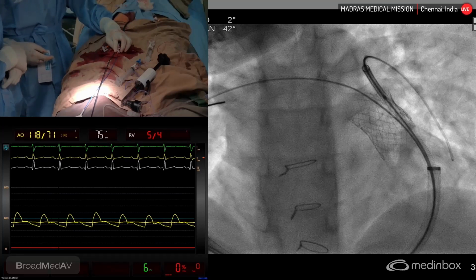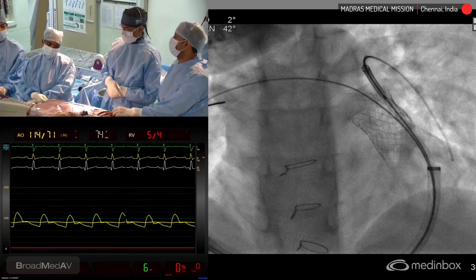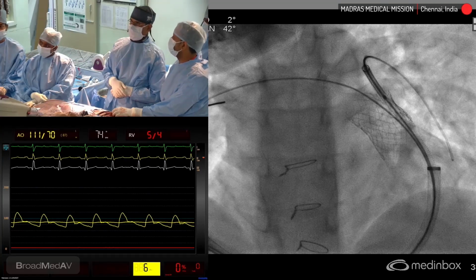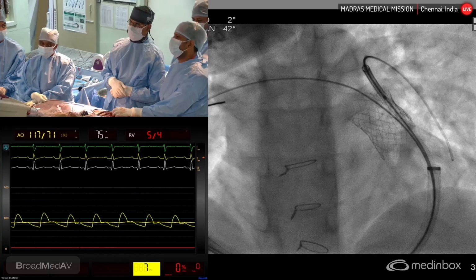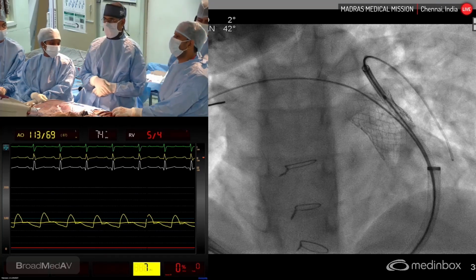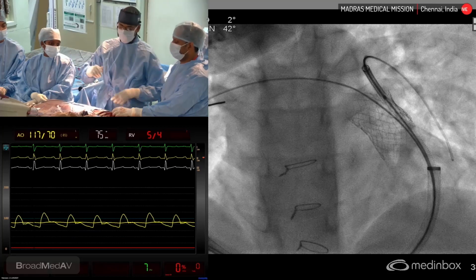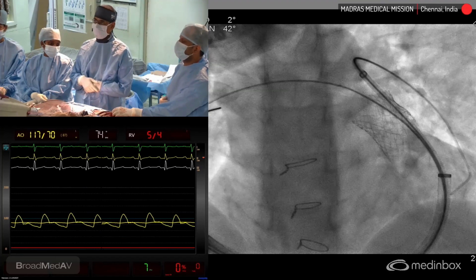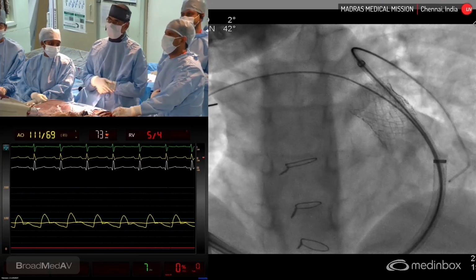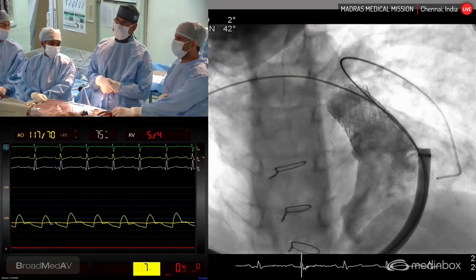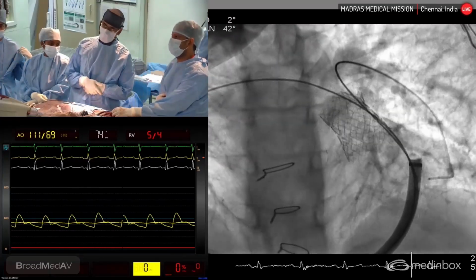So it's not permitting 2 sheaths. So let me see that angiogram again. Yeah. The previous angiogram.